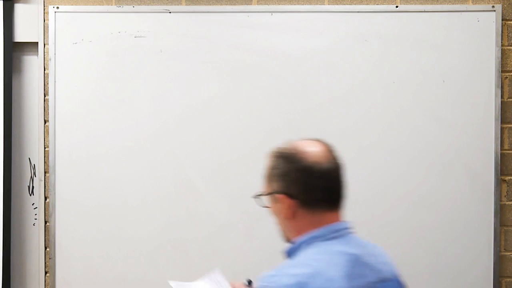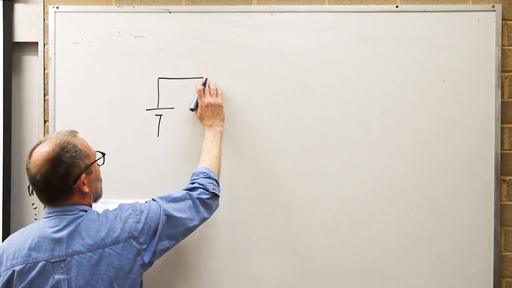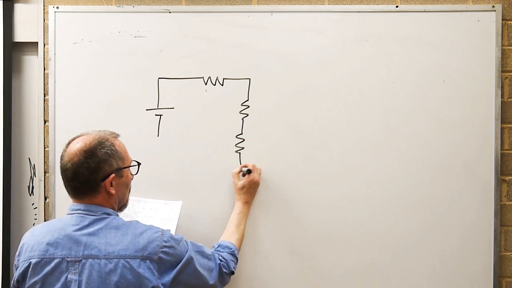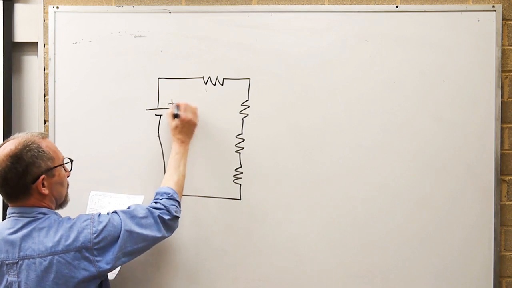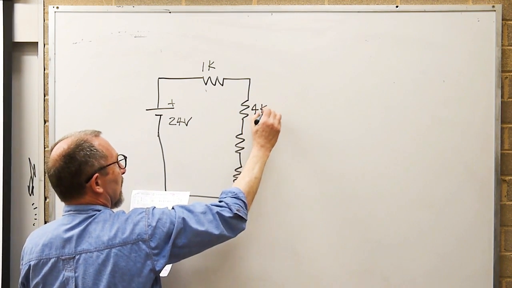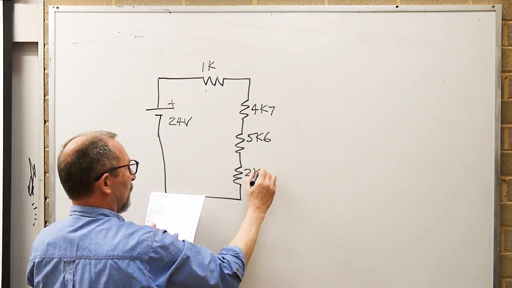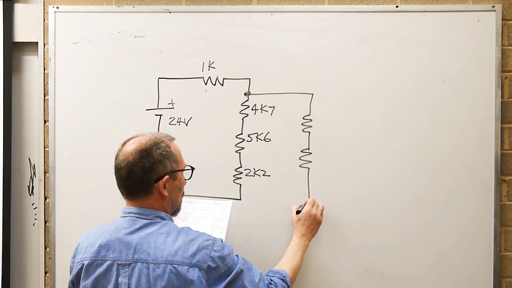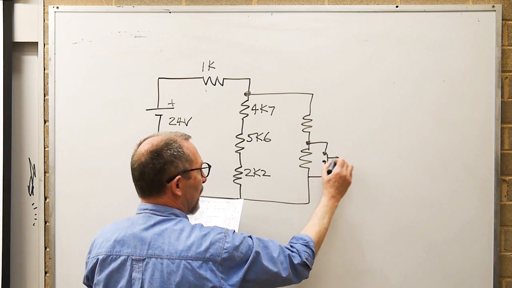Next question, a little bit more difficult. 24-volt supply, 1K, 4K7, 5K6, 2K2, and then we had a system with 2 resistors across here, and we had a switch, and it said that the switch was depressed.